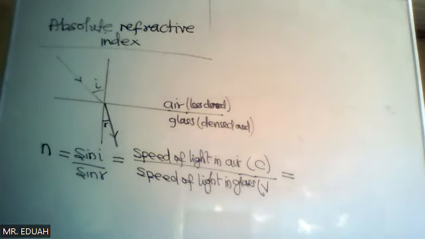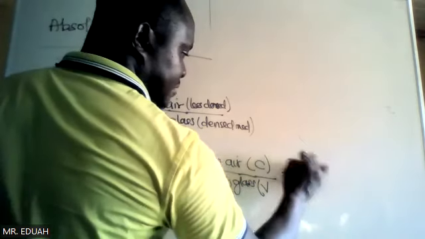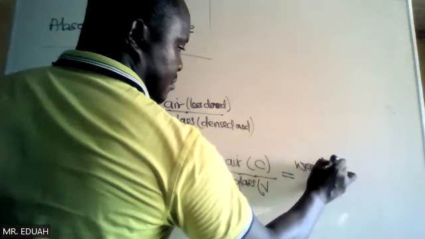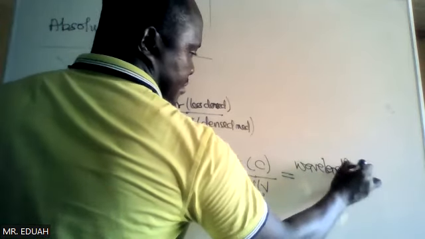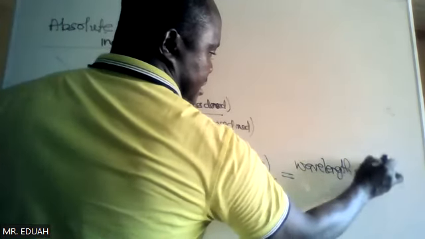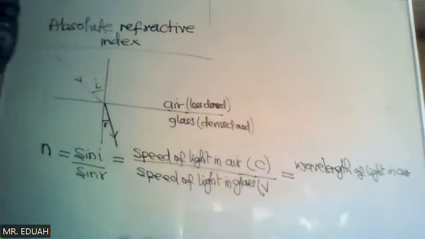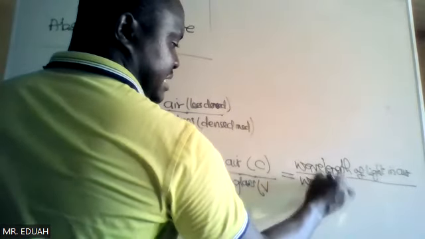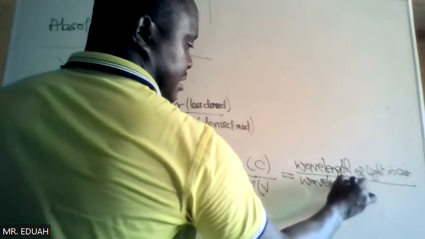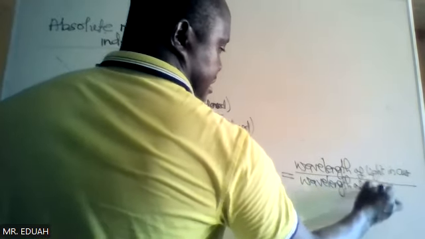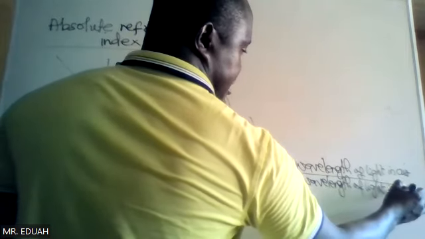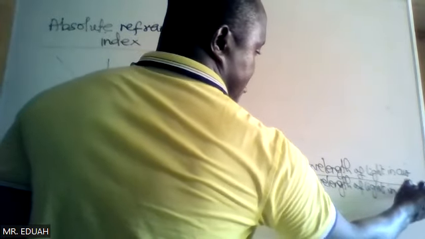Okay. Another way we can express refractive index is in terms of wavelength of light. So wavelength of light in air over wavelength of light in a medium.